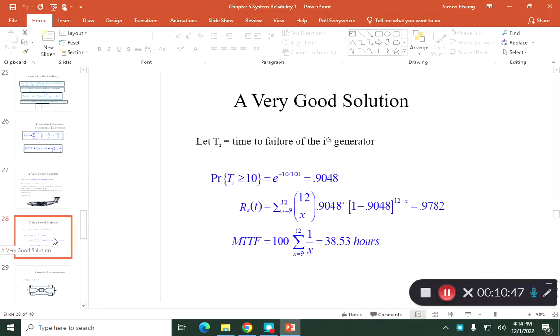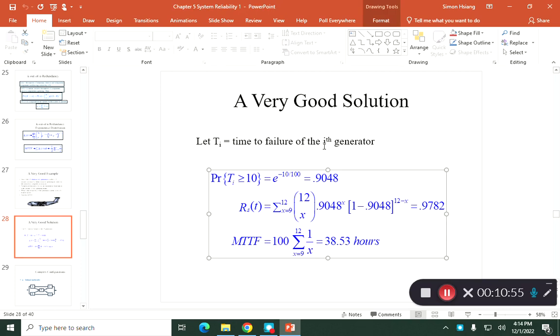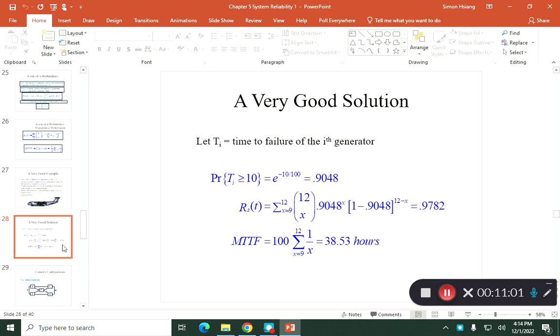And you can estimate the time to failure just by doing this. And here's the numerical example, to find the mean time to failure. And remember, here we start from 0, okay? We start from 0, how long this will last.